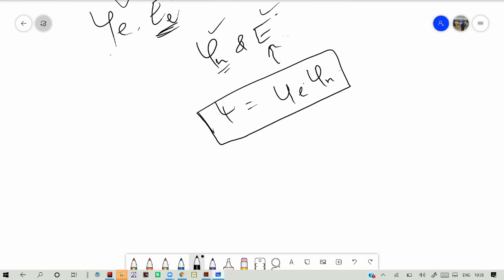I have already told you that there are different types of molecular spectra. It may be electronic spectra, vibrational rotational spectra, or pure rotational spectra. Electronic spectra have an energy range of a few electron volts.